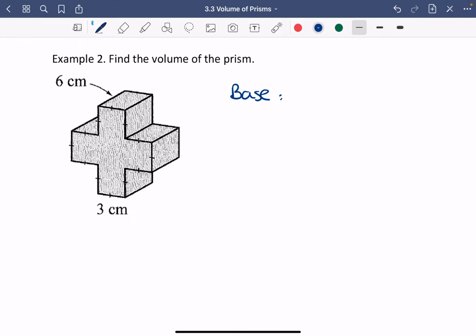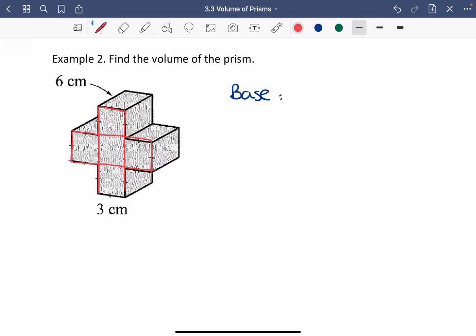Now we know that this front face is made up of, let's just draw that, a few squares.